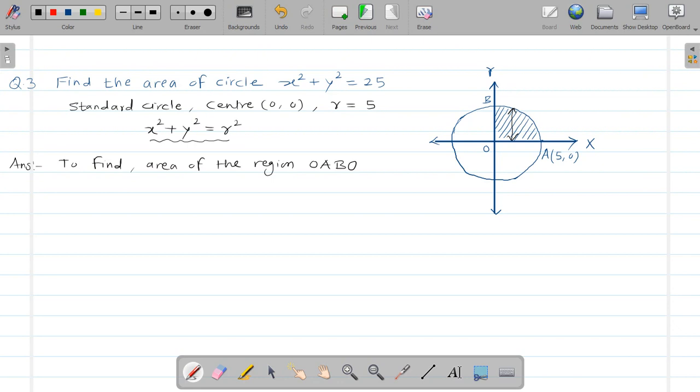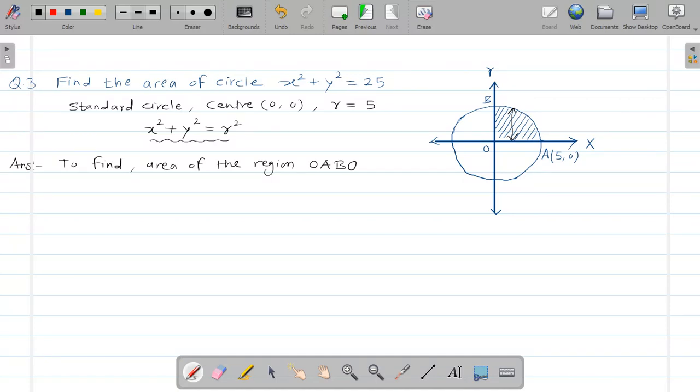So to get the whole area of the total circle, first of all we will find out the area of this quarter part of the circle, because the whole circle is not bounded to x-axis or y-axis, but as per our definite integration we have to choose the area which is bounded to x-axis or y-axis. That's why we have taken the area OABO.